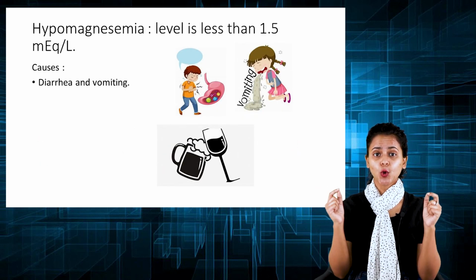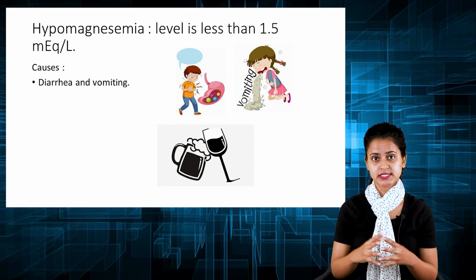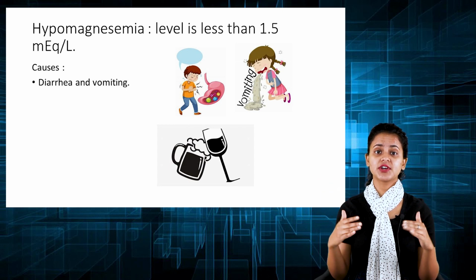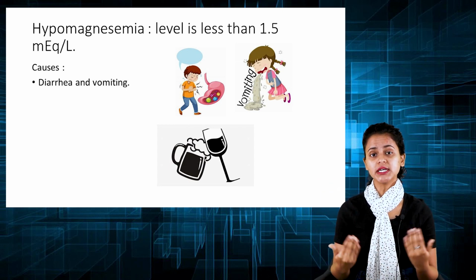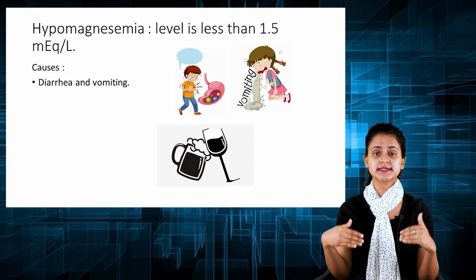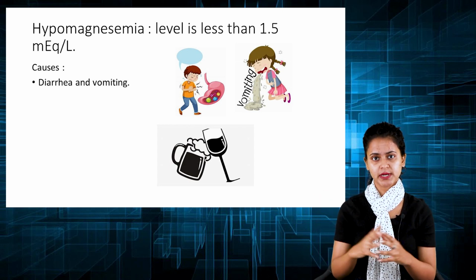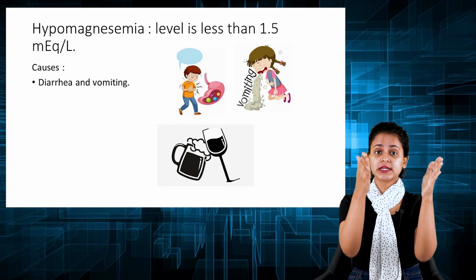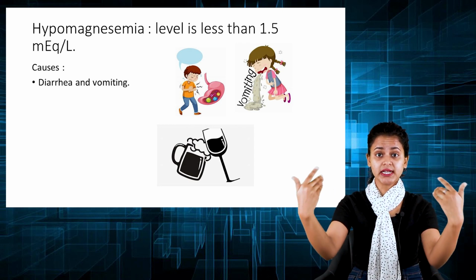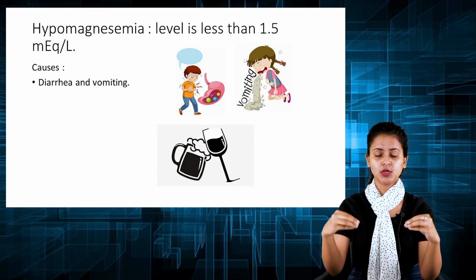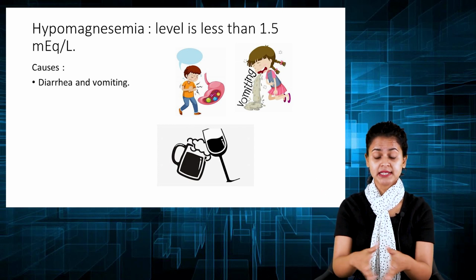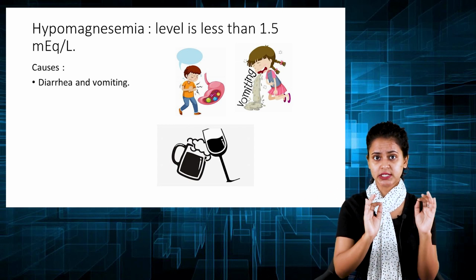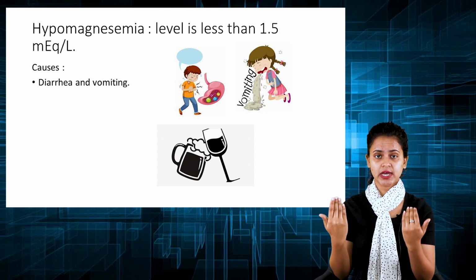The most common causes or etiological factors associated with the development of hypomagnesemia include severe diarrhea and vomiting. A client with a history of severe and excessive diarrhea and vomiting may present with hypomagnesemia, because in these conditions a person directly loses magnesium through the diarrhea and vomiting.